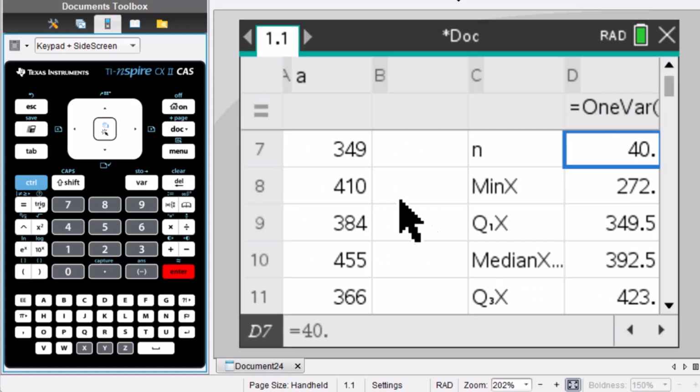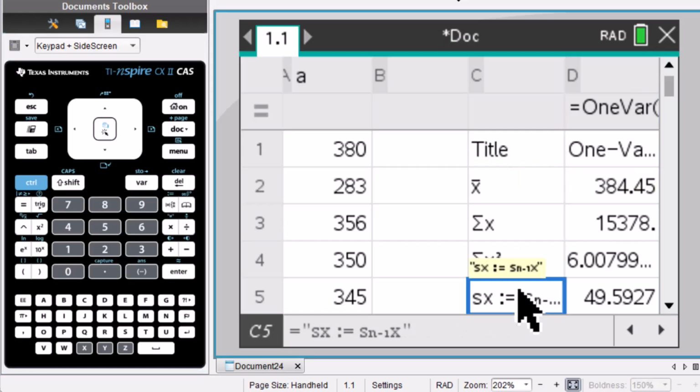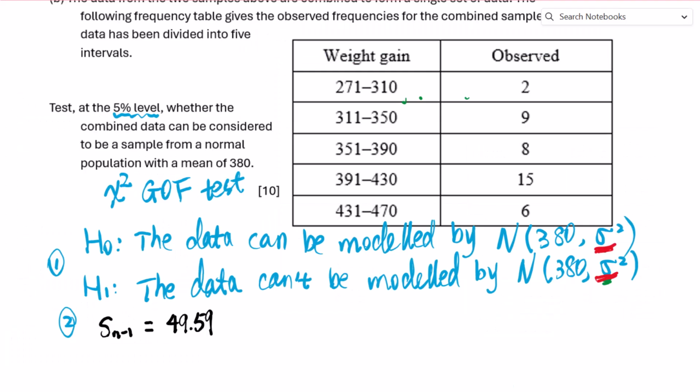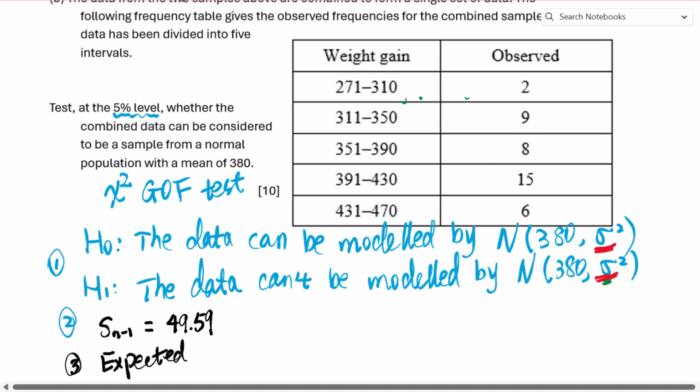Then enter. You will get this S sub n minus 1, 49.59. So S sub n minus 1 equals 49.59. We need to work out expected frequency now, or expected values.